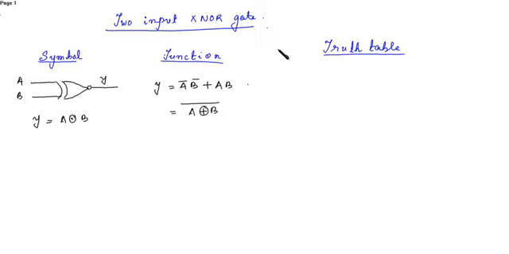The truth table of a 2-input XNOR gate is, this is A, this is B, this is Y. Let's make a proper straight line.